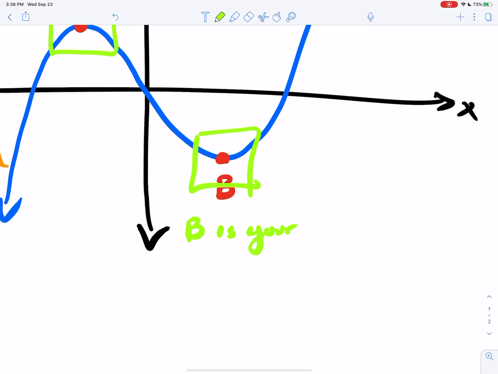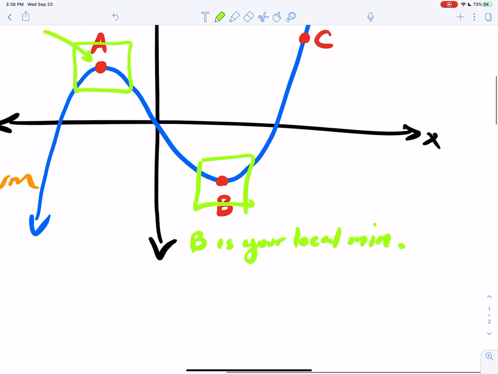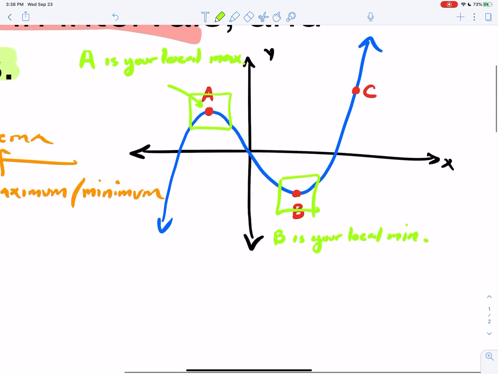So B is your local minimum. Now, remember, even though there are points that are lower than that red point, and there are points that are higher than that red point, the word here is local. So you're only looking inside that area.